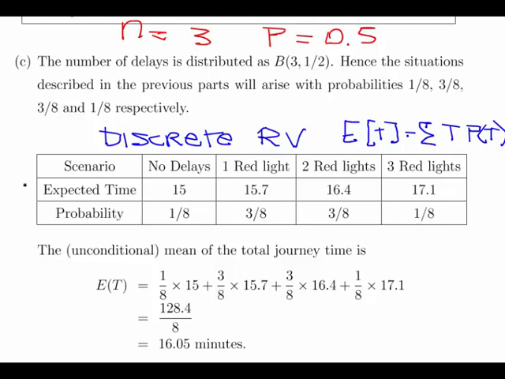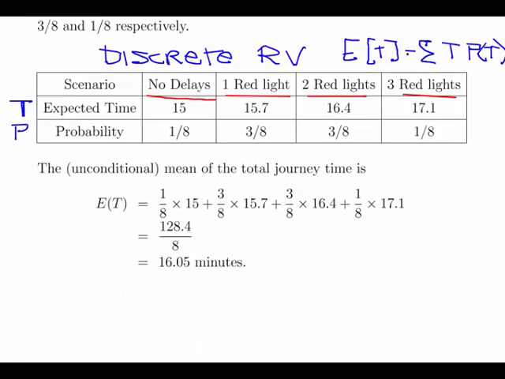So here are our values of t and the probabilities of those times for each of the 4 scenarios: no red lights, the 1 red light, the 2 red lights, and the 3 red lights. So we have 4 scenarios, the probability of that scenario times the duration. Calculate, add them all up, and then just simplify, and you should get 16.05 minutes.